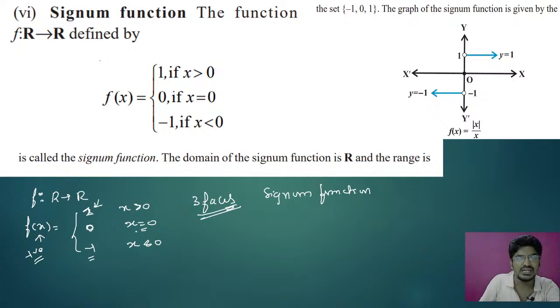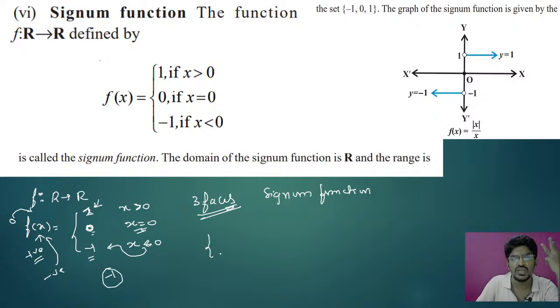If you give 0 as the input, the output will be 0. If you give a negative input, the output will be minus 1. So it has only three outputs: 1, 0, minus 1.